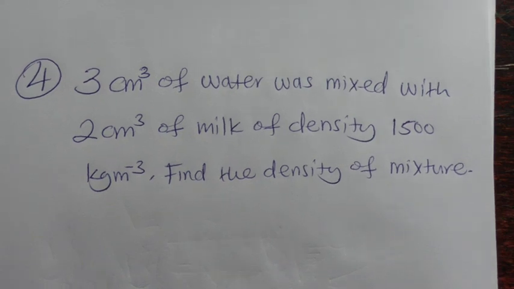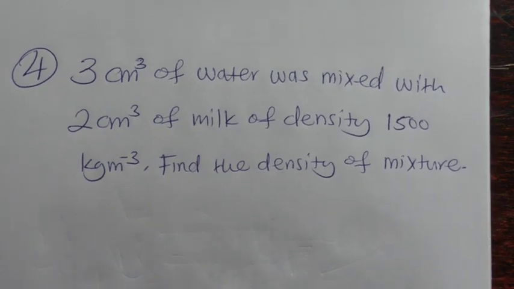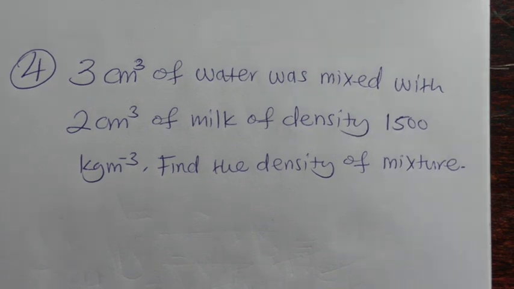In example 4, we are given 3 cubic centimeters of water mixed with 2 cubic centimeters of milk of density 1,500 kilograms per meter cubed. They want us to find the density of the mixture. So from the question, let us summarize.